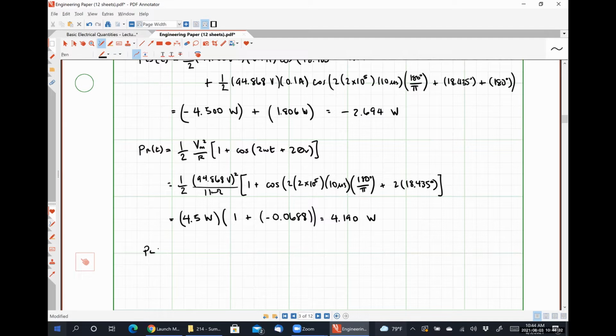So to calculate our inductor power, we're going to be using the relationship 1/2 Vm squared over omega L times cosine twice omega t plus twice theta v minus 90 degrees.